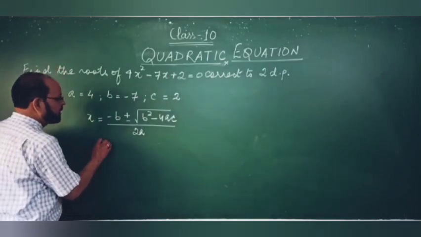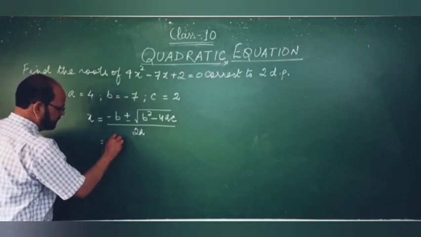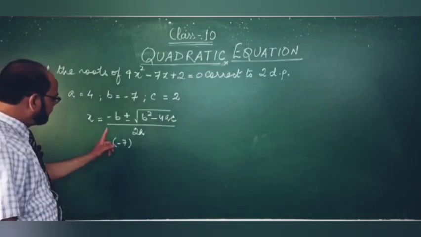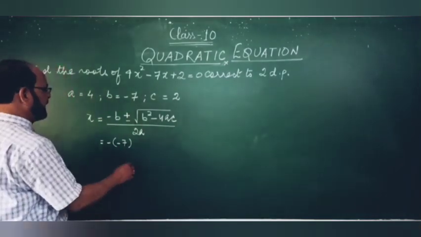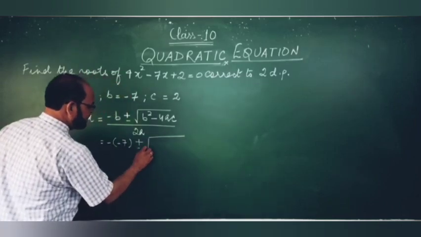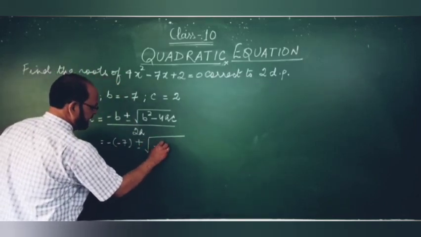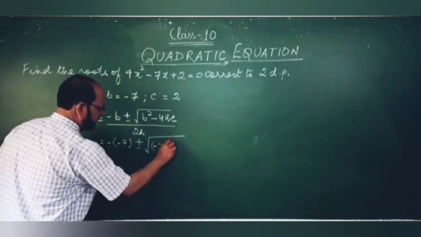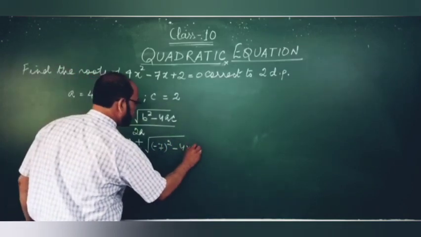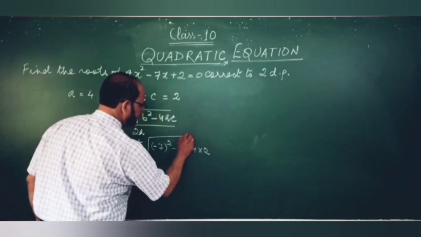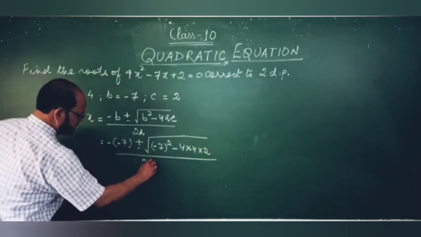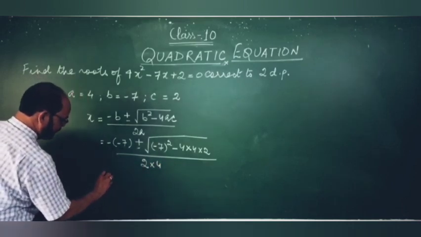So our b is already negative, so we will put it in bracket. So it is negative of -7, and plus minus under root, and in bracket we will write (-7) square minus 4 into a is 4 and c is 2, upon 2a, and a is 4, so we will write here 4.